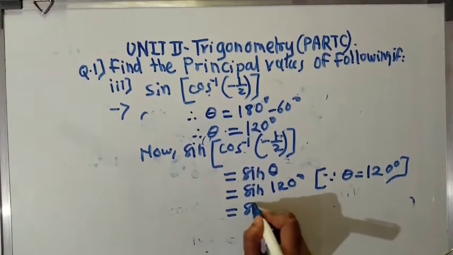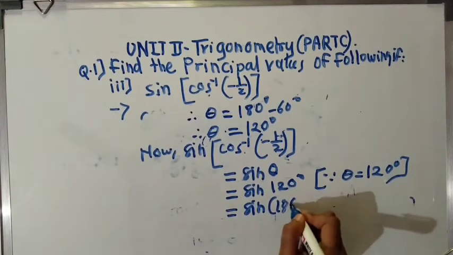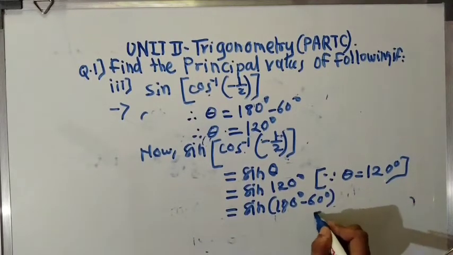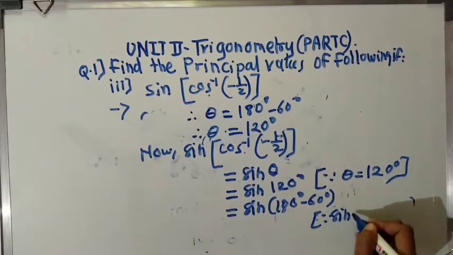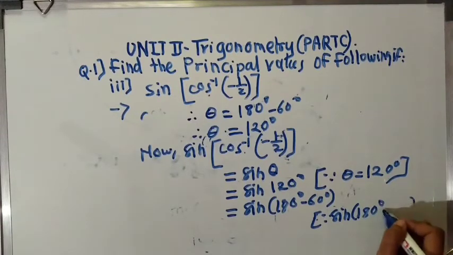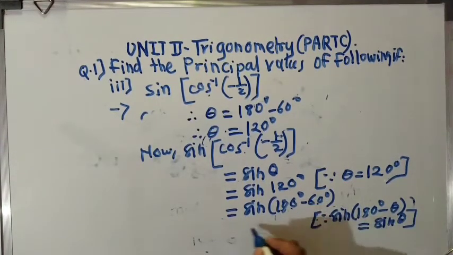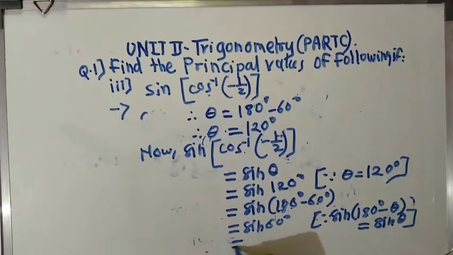But 120 degree is 180 minus 60 degree, and since sine of 180 minus theta is equal to sine theta, sine of 180 minus 60 degree is sine 60 degree. What is the value of sine 60 degree? Sine 60 degree is root 3 upon 2.